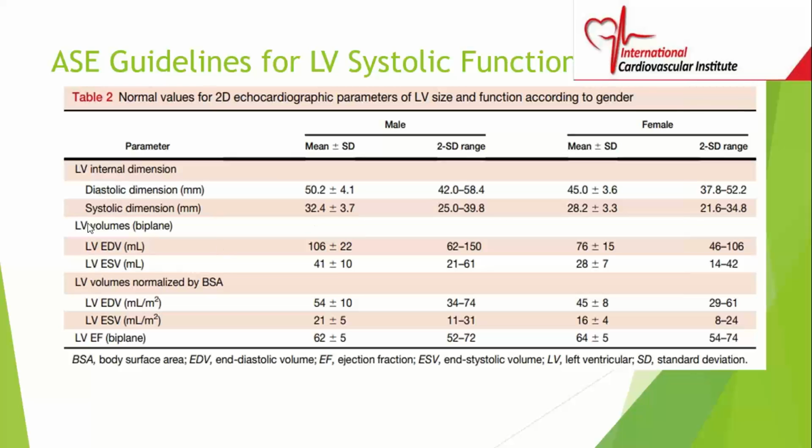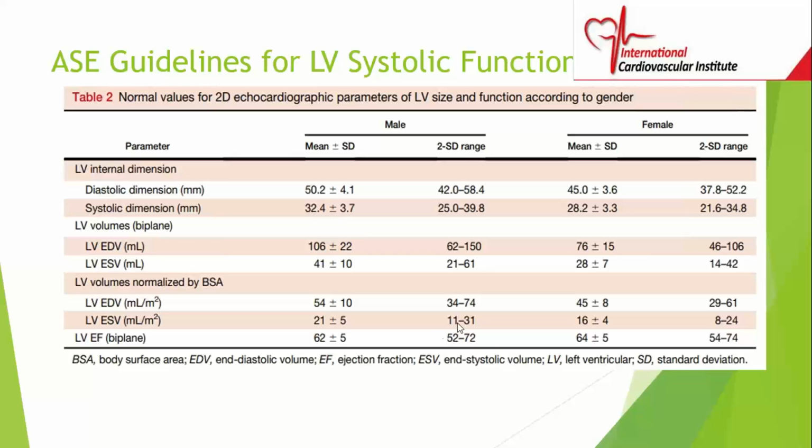And then the volumes, you can familiarize yourself with them. But another important thing is the ejection fraction. The range for males is 52 to 72%, and for females 54 to 74%. If you remember 52 to 74%, then you'll get everything.